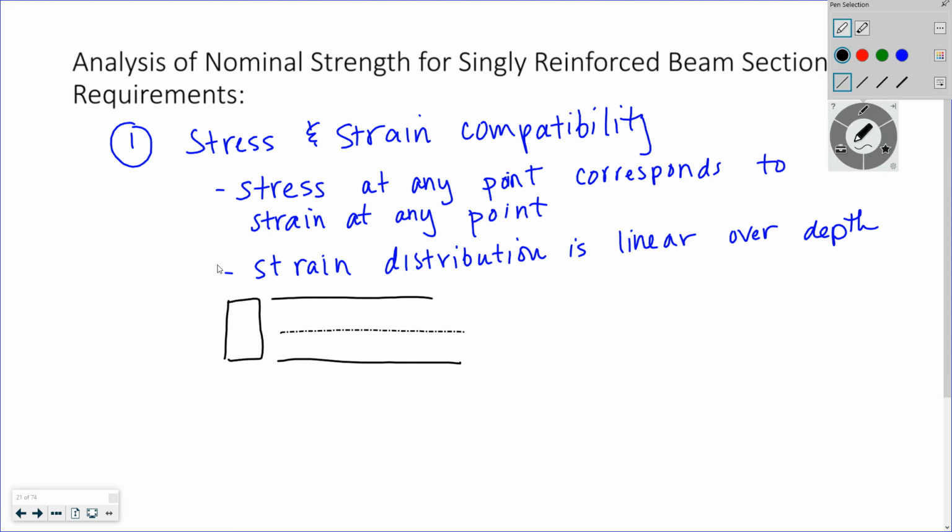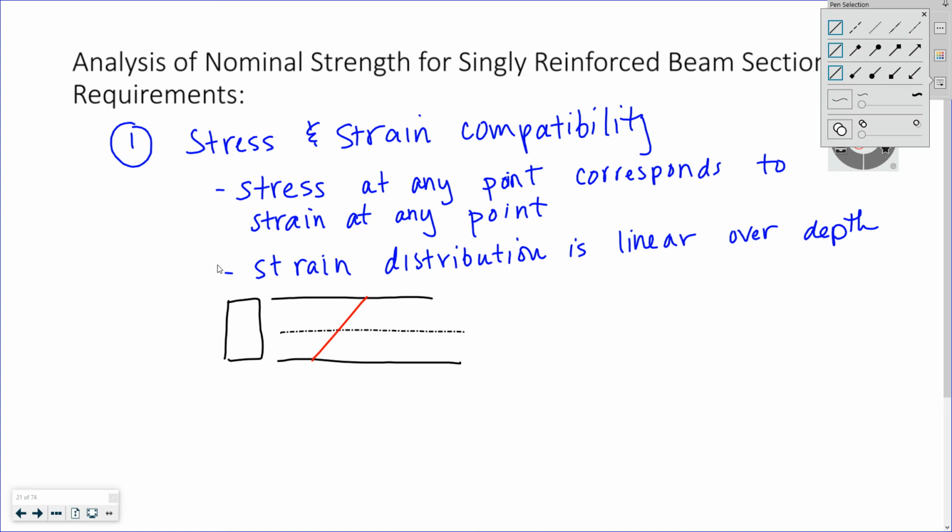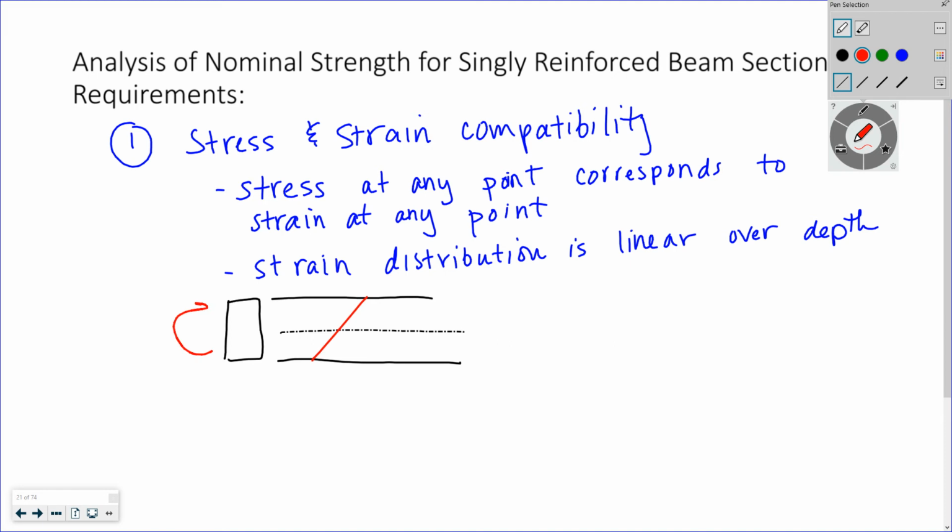The strain distribution is going to be linear over the depth, with the top half being in compression if we're in positive bending, and the bottom half being in tension.